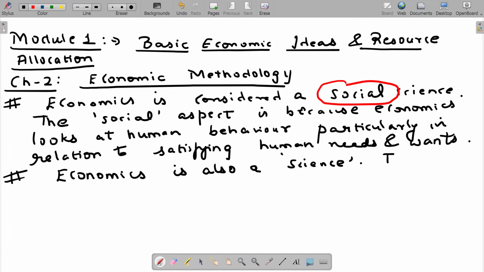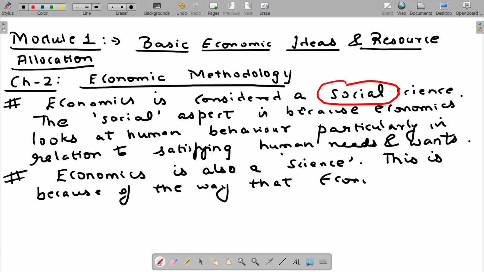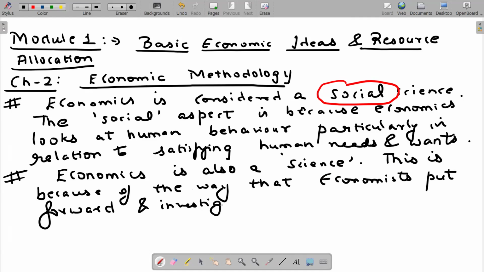This is because of the way that economists put forward and investigate theories in the same way as scientists.